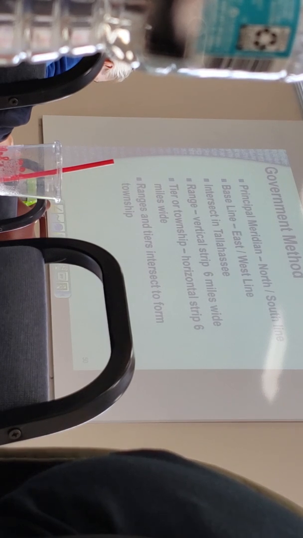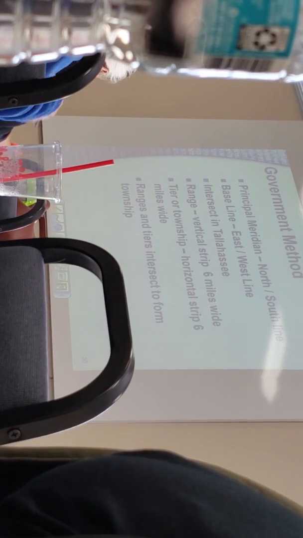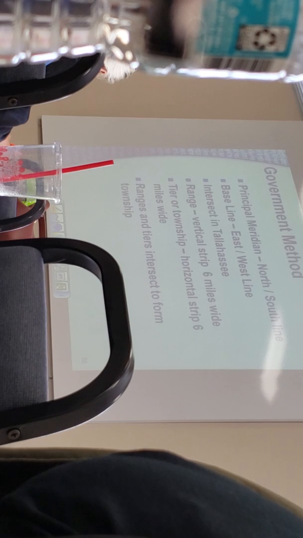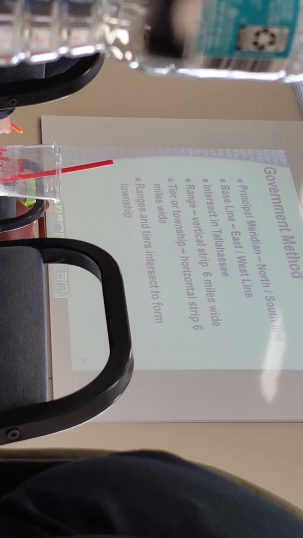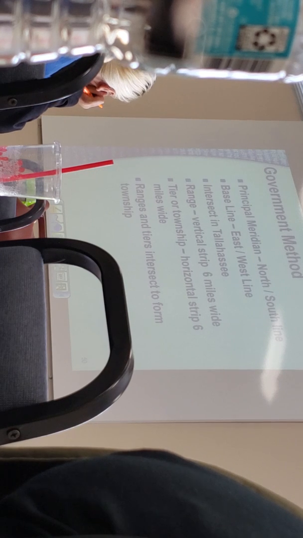And this north-south line is known as the principal meridian. There's only one principal meridian, which runs from north to south. That's what the U.S. Army Corps did. They drew that main north-south line.